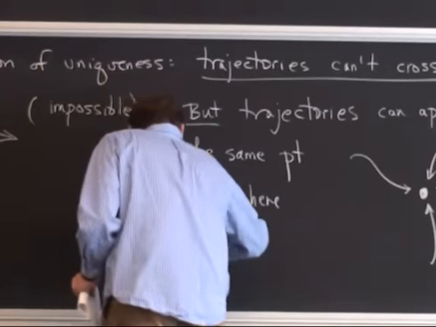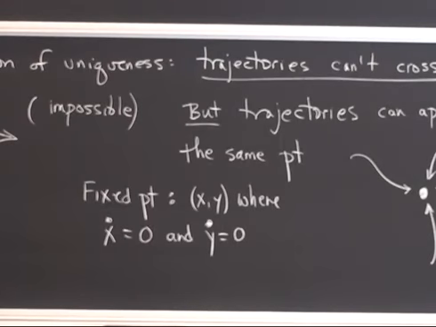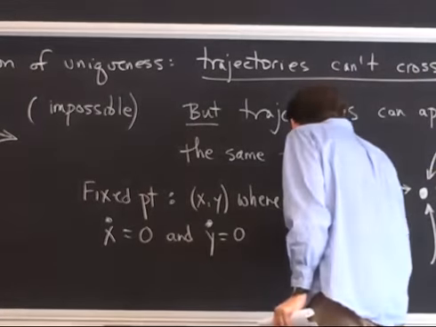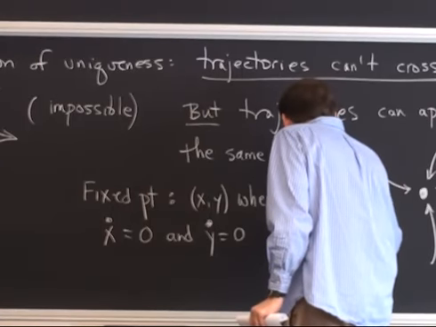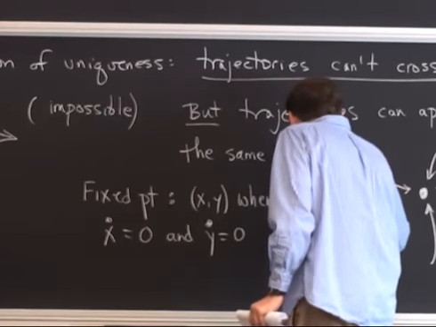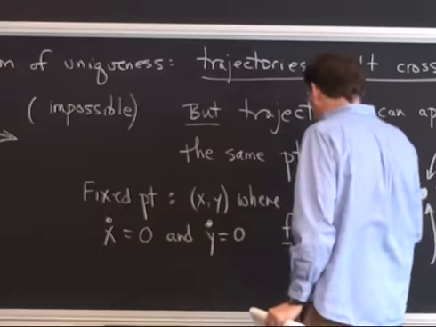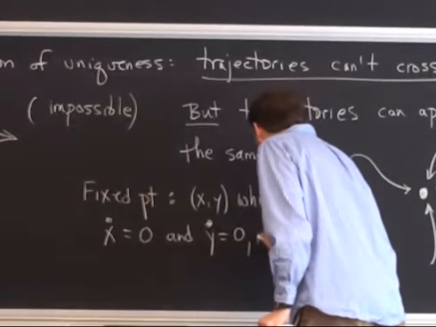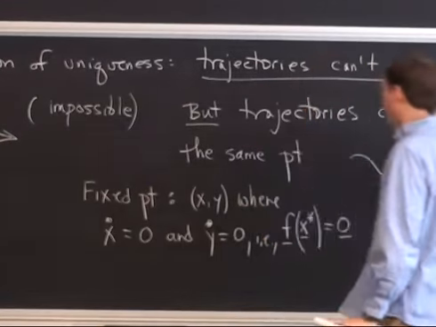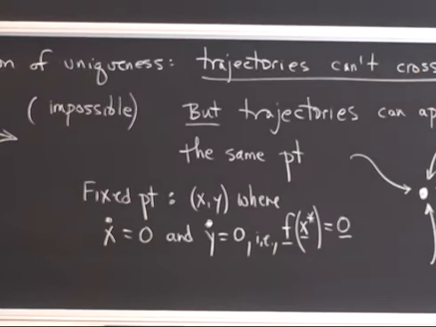So both components of the vector field are 0 there. Or if you want, in the vector notation, you could say, well, the vector f at x star is 0, meaning the 0 vector. So that's another way of looking at it. Anyway, so that's a condition for fixed points in 2 dimensions.